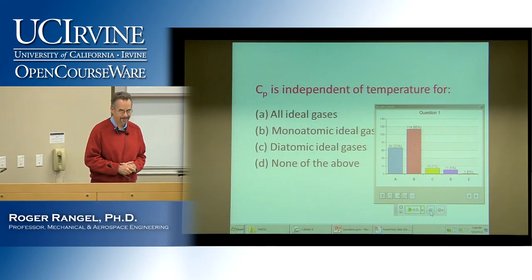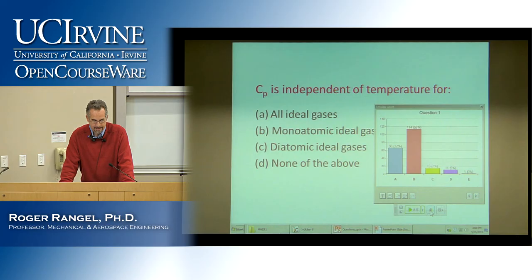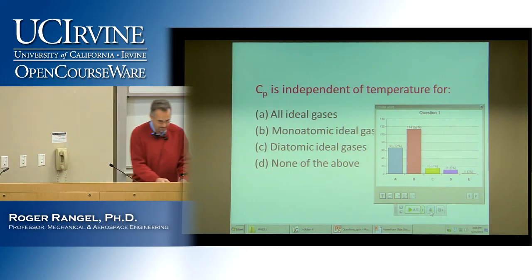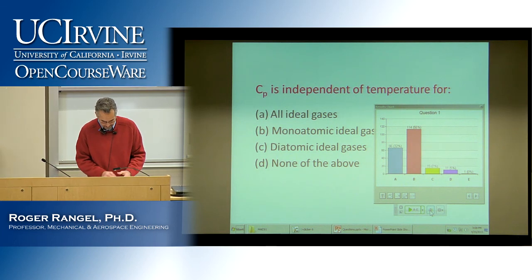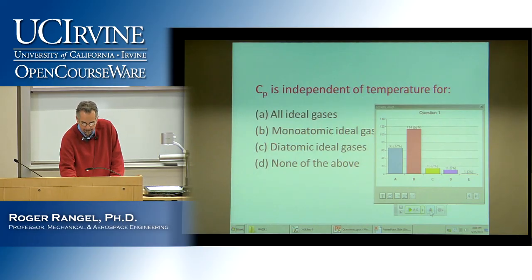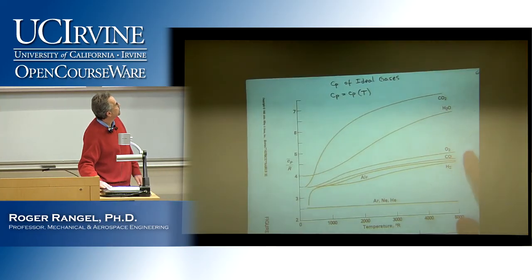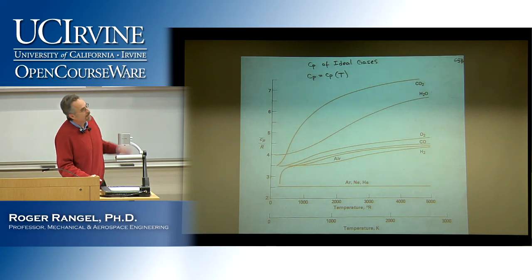I'm going to see if it's true that you think this is an easy one. Not very much. Correct answer is B. Monatomic ideal gases. This is something that we saw on Tuesday. This chart, right, showing the specific heat versus temperature for different ideal gases.